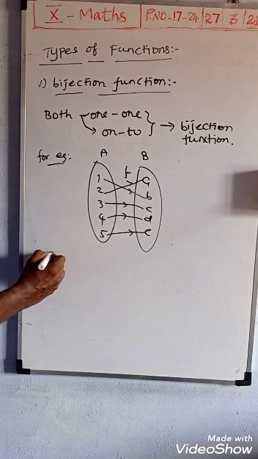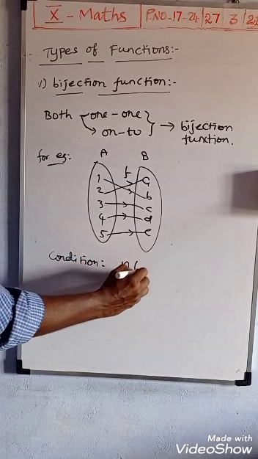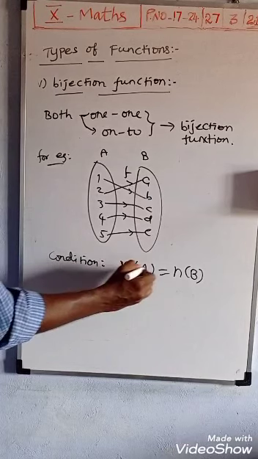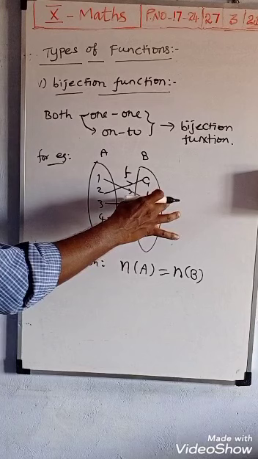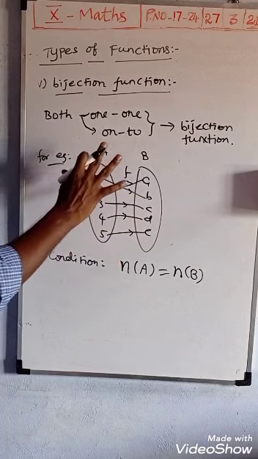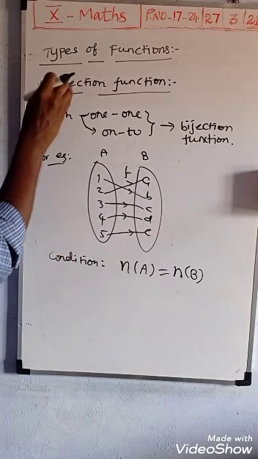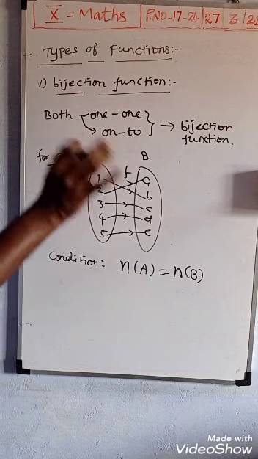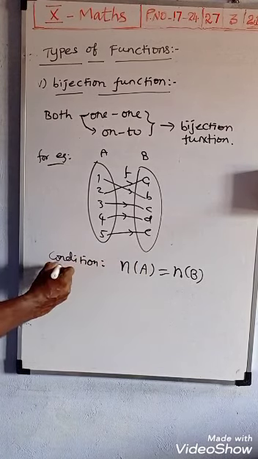And one more condition is, what does that mean? The condition here is n of A equals n of B. Not the elements, elements are different, but the number of elements in A equals the number of elements in B. Here totally how many elements? 5 elements. Here also 5 elements. So in a bijection function, the number of elements in set A is equal to the number of elements in set B. So both will be equal.